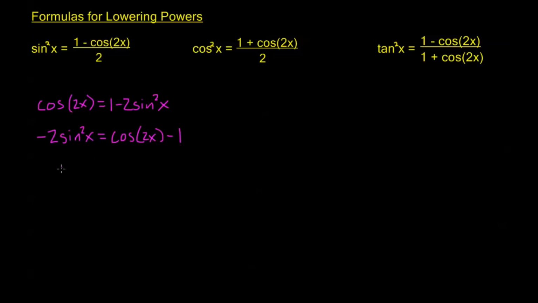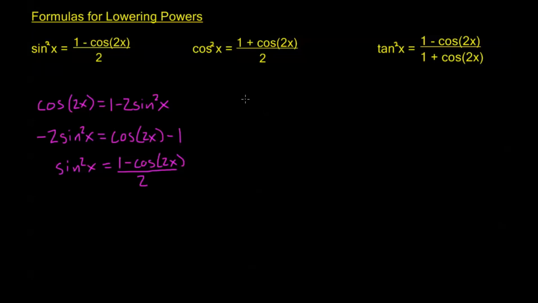Now I'm going to divide by negative 2, and I'm going to get sine squared of x is equal to, dividing by this negative is the same as multiplying by negative 1, so it's going to become a positive 1 and a negative cosine. So it's going to be 1 minus cosine 2x all over 2. And this is exactly our formula for reducing sine.